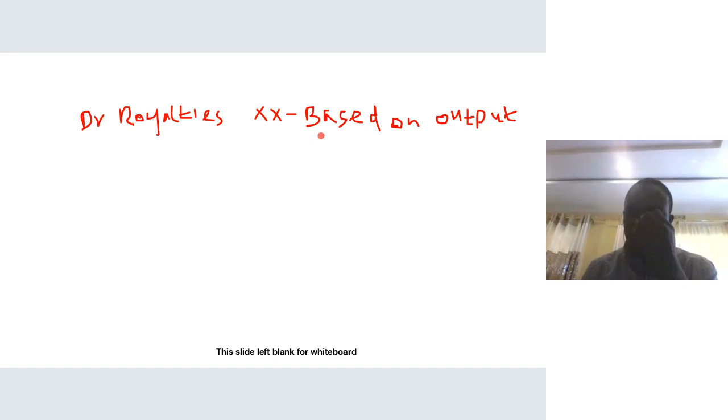So we debit royalties with 900,000, and at the same time we will also debit the short workings account. We also debit the short workings.